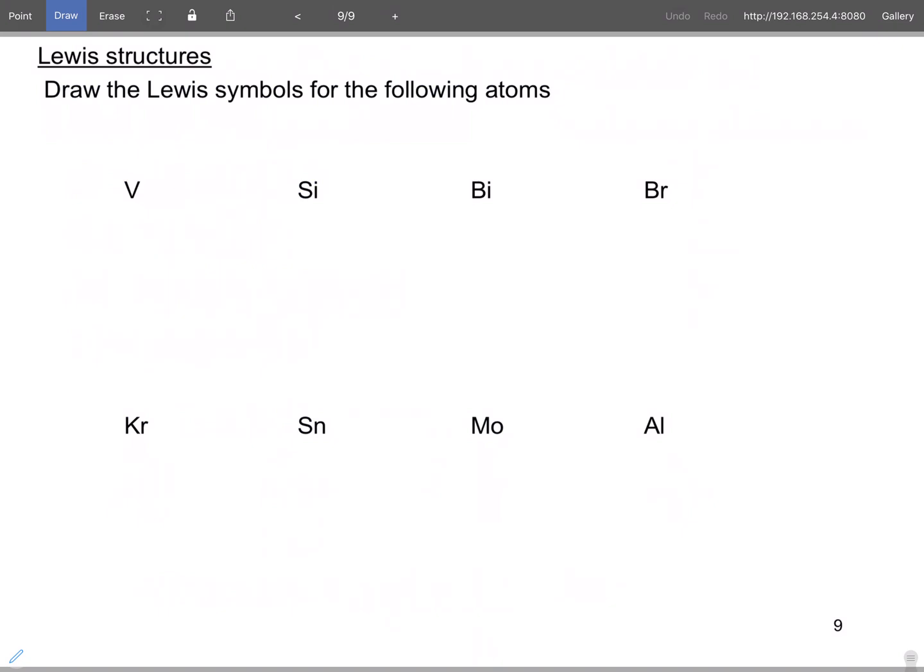So if we look at vanadium, you're going to find it's going to have 5 valence electrons, so we can write that down here. We can start at any point. We can go forwards, we can go backwards, doesn't matter. Silicon, if you look, has 4 valence electrons, so it's going to be here. Bismuth, again, has 5 electrons. Again, we can start anywhere we want, keep going around.